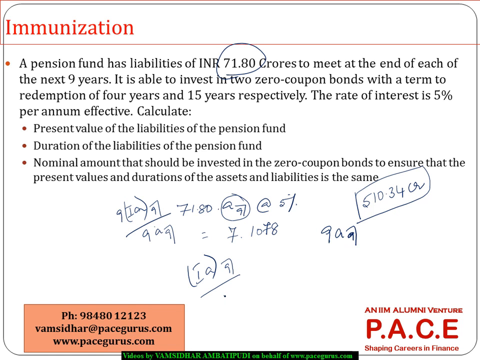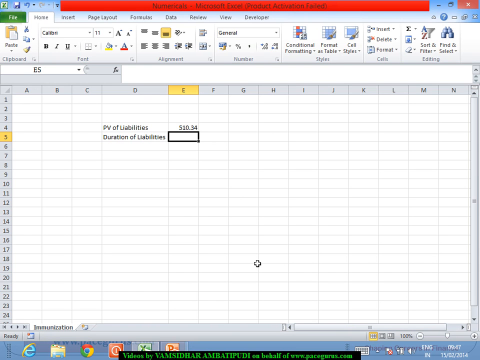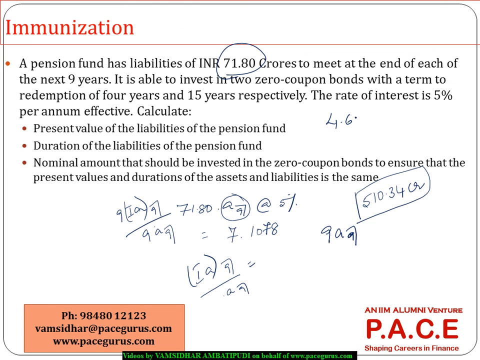The duration will work out as Ia9 by a9, and corresponding to that 5% itself, I can take Ia9 as 33.2347, divided by a9, which is 7.1078. Based on that, the duration of these liabilities comes out to around 4.675 years, because it's an annuity.